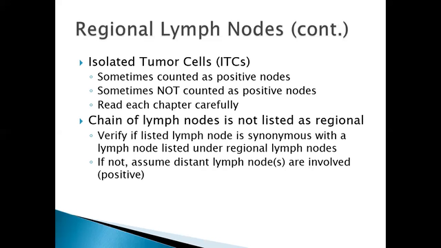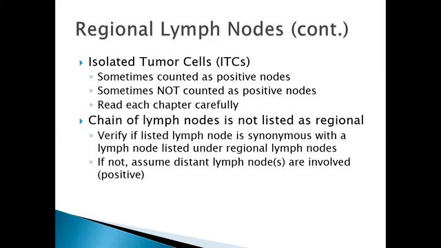Okay, so there is an addendum, an appendix in the manual that has the different chains of lymph nodes and the synonyms that are also used. So first, if you're looking to see if the lymph nodes that were positive were under the regional lymph nodes and it's not listed, then double check, make sure that it's not a synonym of one of them.